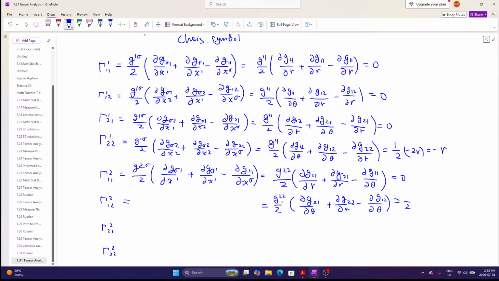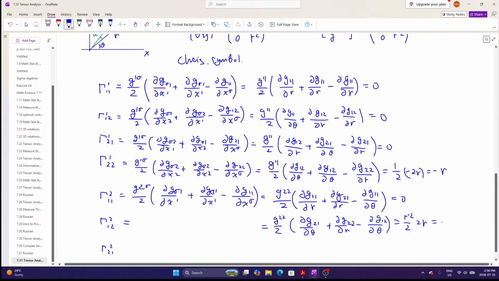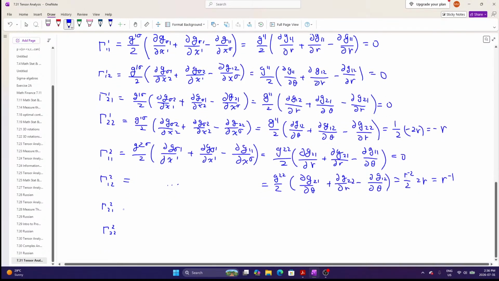Be very careful. This is G22 upstairs should be r to the minus 2. Okay. So these two terms go away, and dg22 over dr would be 2r. This is 2r. Okay, and then cancel. You get r to the minus 1. So that's done. Okay.